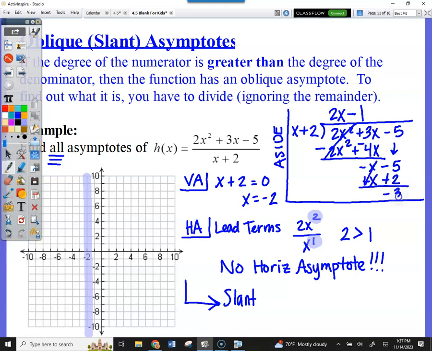We don't care about the remainder. The whole point of the long divide was the answer that you just found right here is the equation of your slant asymptote. Remainder doesn't matter.